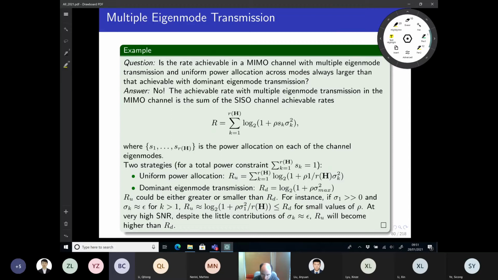Does doing this always give you a larger rate than dominant eigenmode transmission? Remember, with dominant eigenmode transmission you transmit only on the dominant one, the strongest one. So if you split your power uniformly among the two modes, does that give you a better rate than transmitting always on the dominant one? Very important question. And the answer is no, right? And you can understand why.